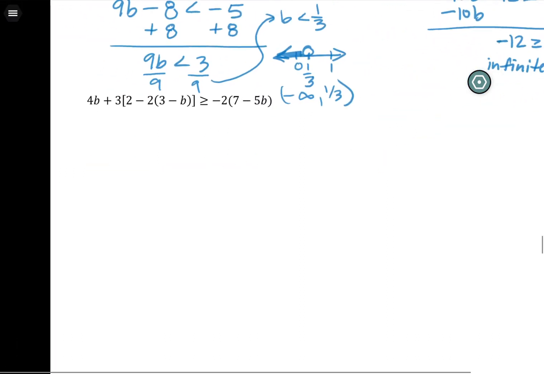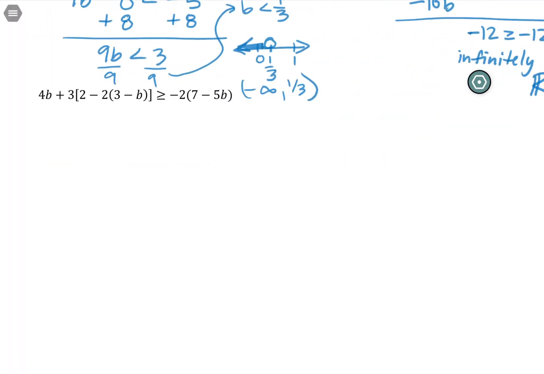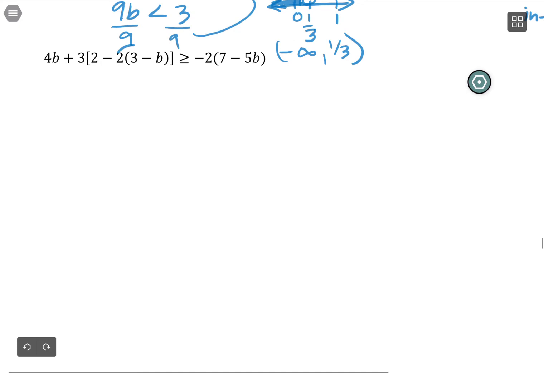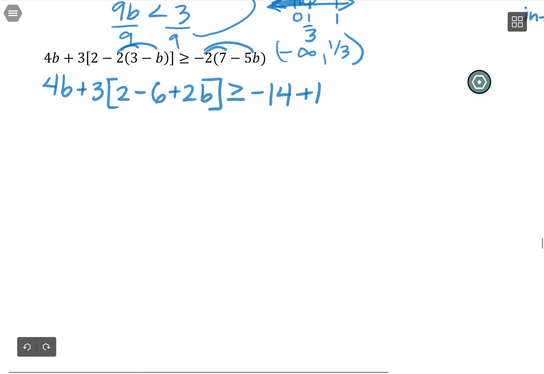And if I made this up carefully, I think the other thing can happen as well, and we'll see it here. So we start off similarly. I'm going to distribute working my way inside out, and then on the right, I just have the one set. So 4b plus 3 times 2 minus 6 plus 2b is greater than or equal to negative 14 plus 10b.